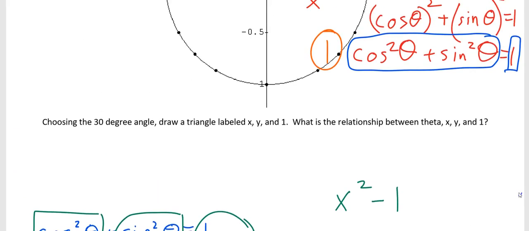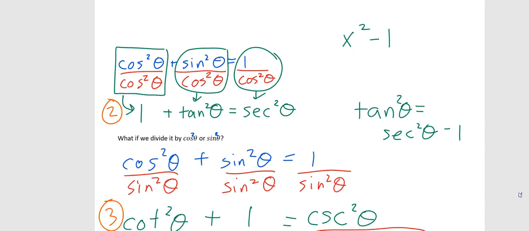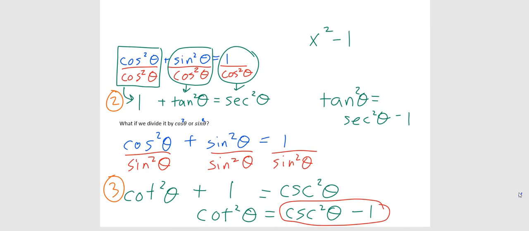Do you know how to use the distributive property? Do you know how to use the distributive property backwards? We call it factoring out a greatest common factor. That's all Algebra 2 stuff, and you need to know how to do it.